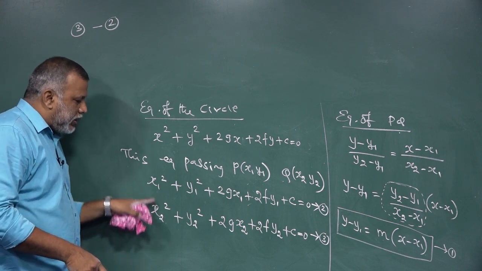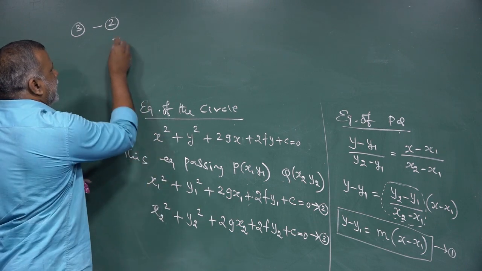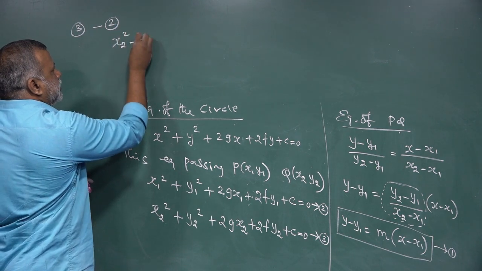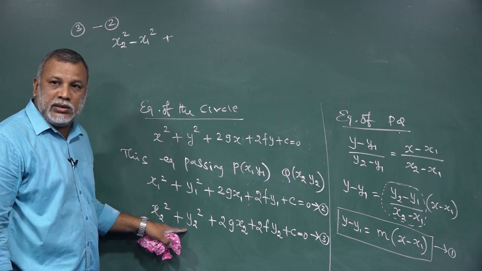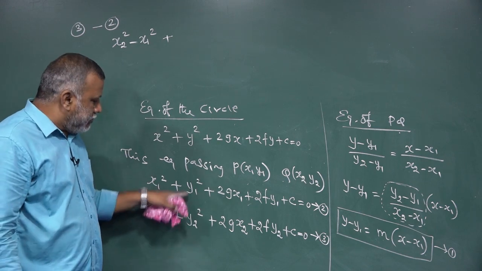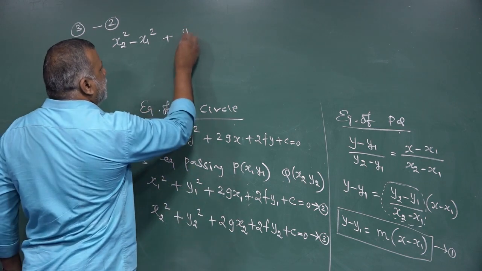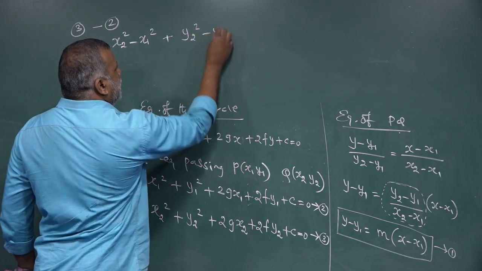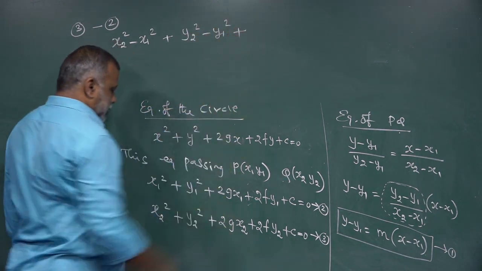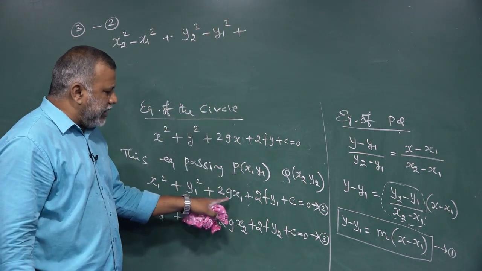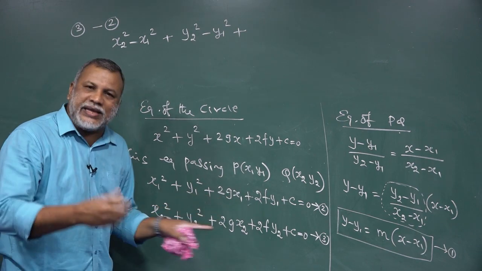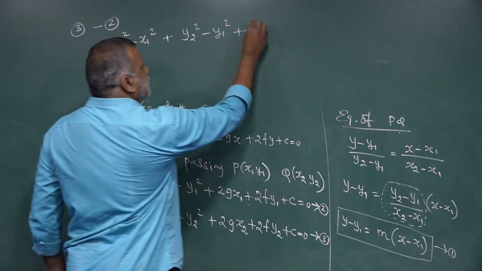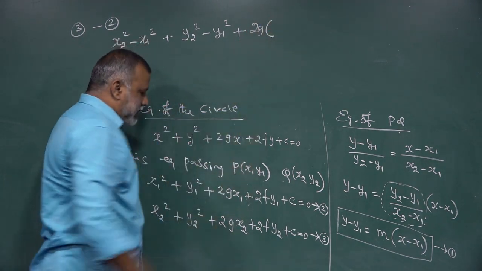So x2 squared minus x1 squared. See the second one, this is y2 squared minus y1 squared. Again 2gx2 minus 2gx1. From this I can take out 2g as a common factor.